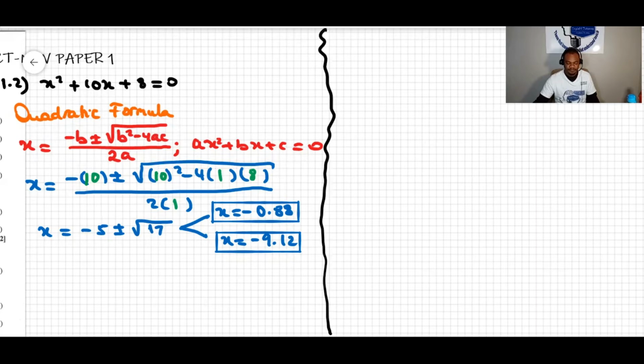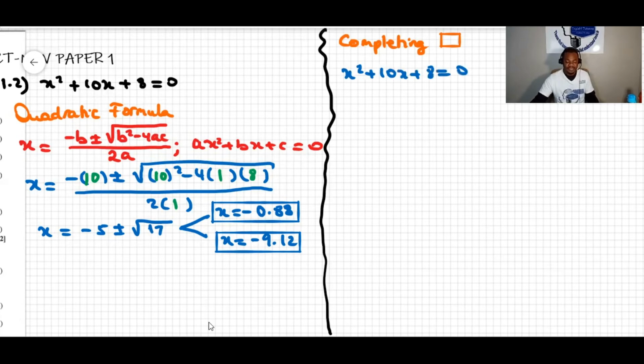Now I'm going to use completing the square. We have x squared plus 10x plus 8 equal to 0.